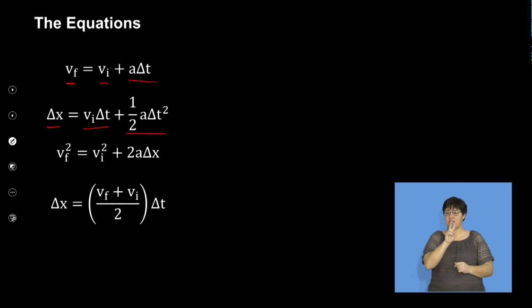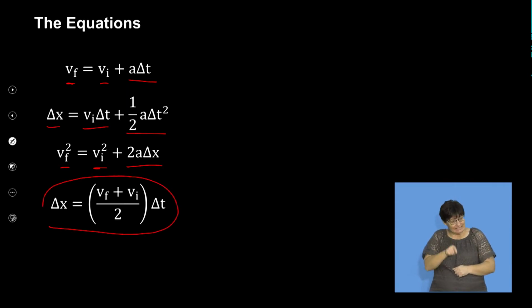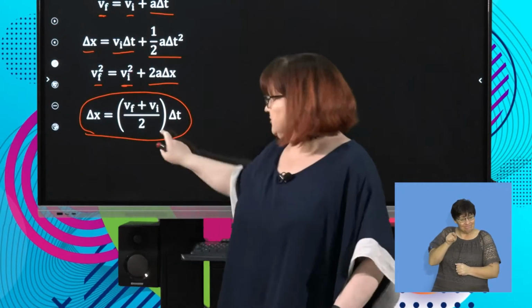Then we've got VF squared equal to VI squared plus 2A delta X. And then we have this one. Now be careful with this last equation. This equation is only valid if your acceleration is constant. You are going to be very, very tempted to use this equation where you have a situation where they tell you an object moves at a certain velocity, then it accelerates, then it gets slower, and they want to know the distance that it moves in.